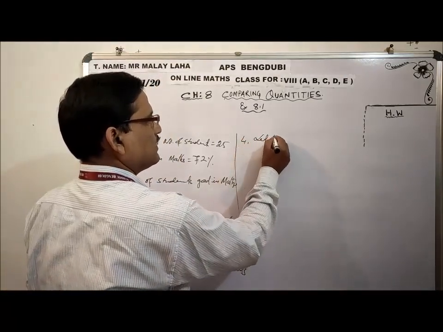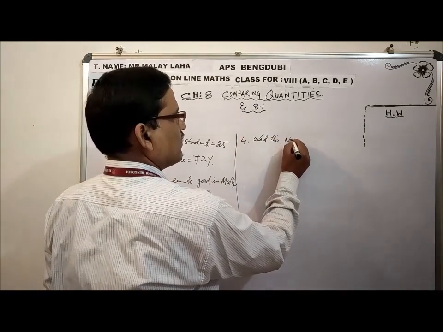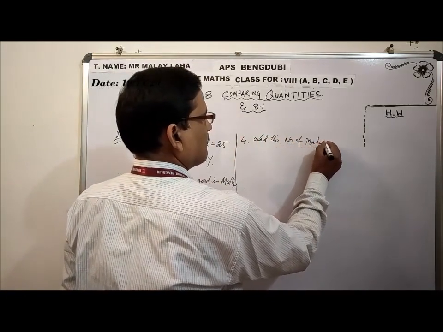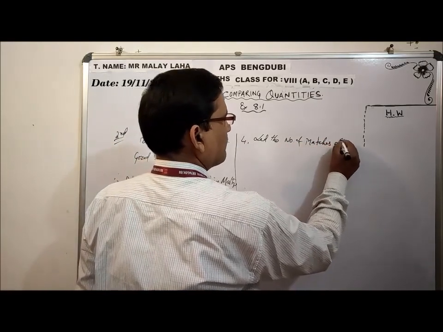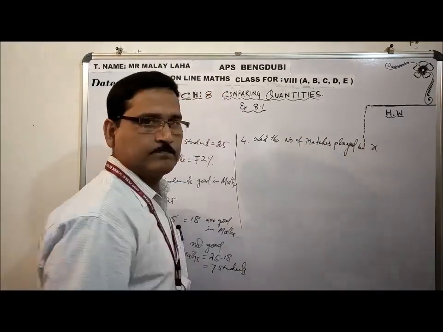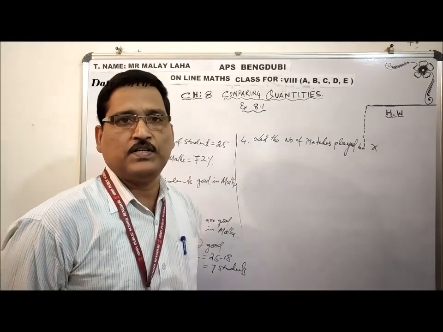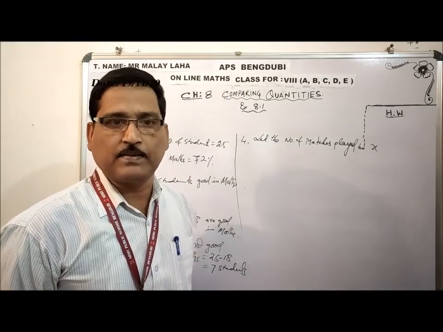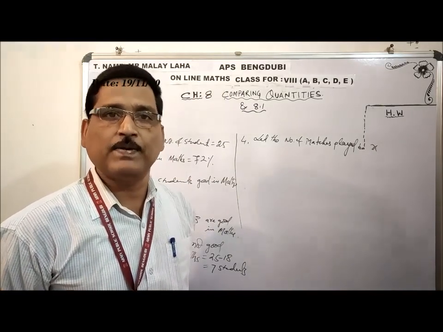Then how to find out this question? Let the number of matches played be X. I don't know the total number of matches played. I have the total winning matches number and the winning matches percent.